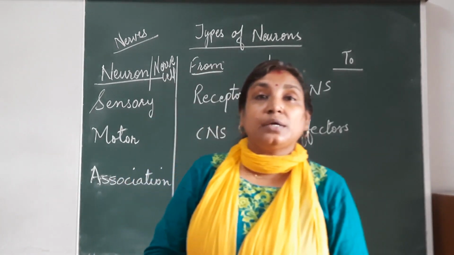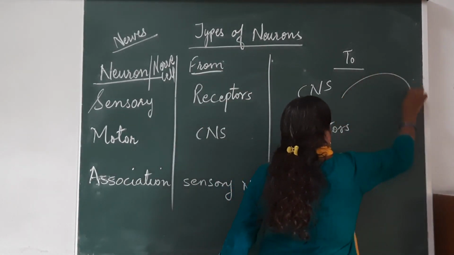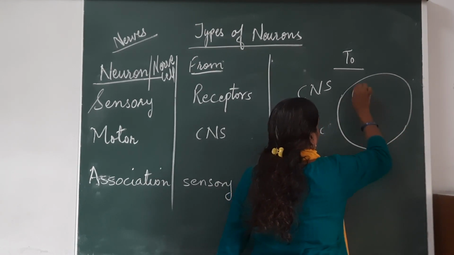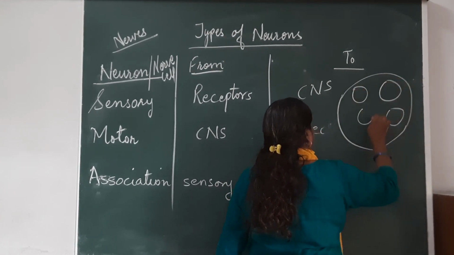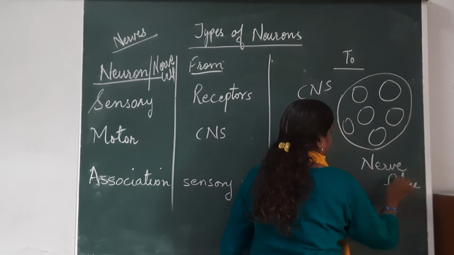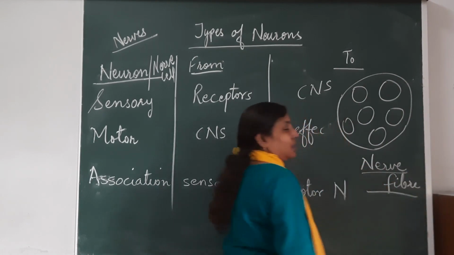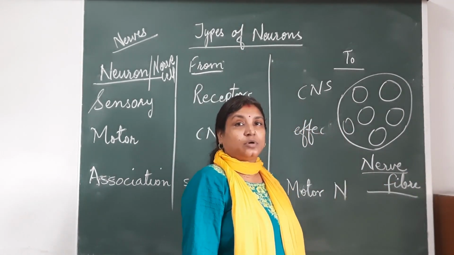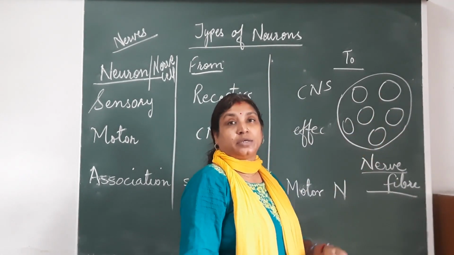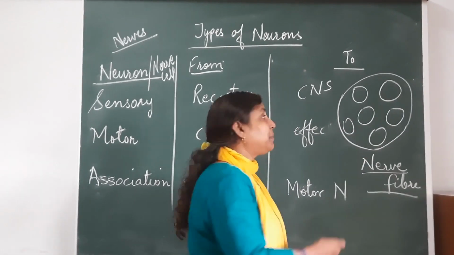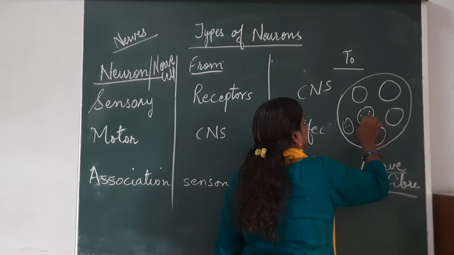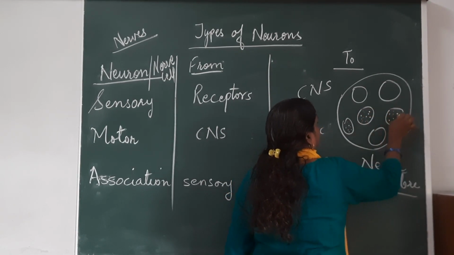Now, then what are nerves? Have you seen cable wires? Suppose this is your cable. You have a number of bundles in it. This is a single nerve fiber, with a number of more nerve fibers inside this. So these are bundles and each one of them is filled with even finer cells called nerve cells.